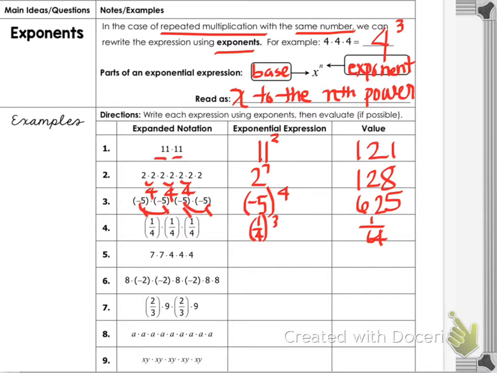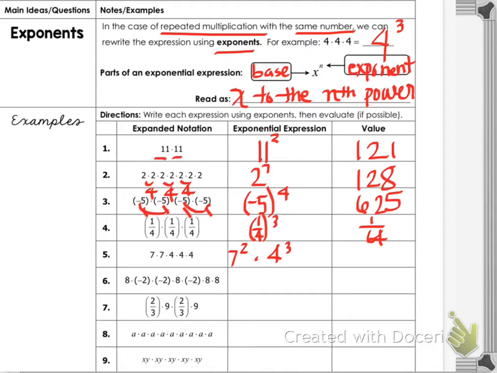For the next expression, we have 7 times 7 times 4 times 4 times 4. Here we can write this out as 7 raised to the 2nd power times 4 raised to the 3rd power. Why? We see 7 as a factor twice, and we see 4 as a factor 3 times. Remember, we're still multiplying. We just wanted to show it in exponential form, or as an exponential expression.